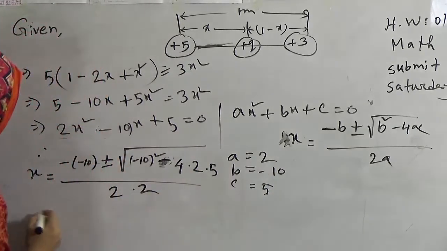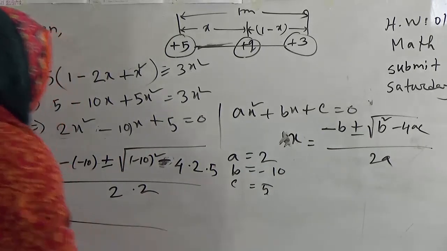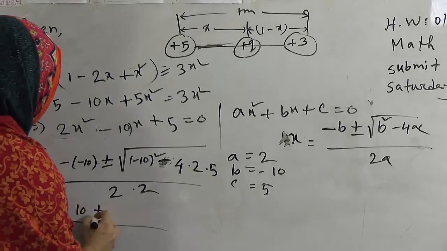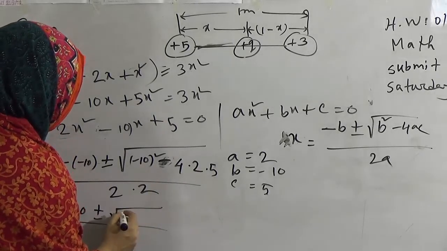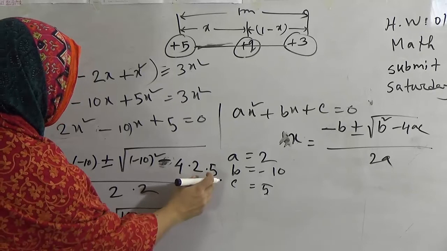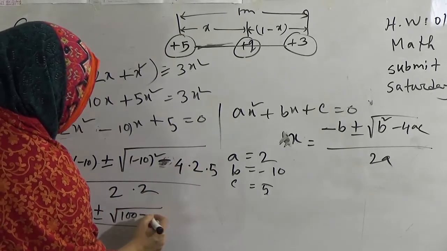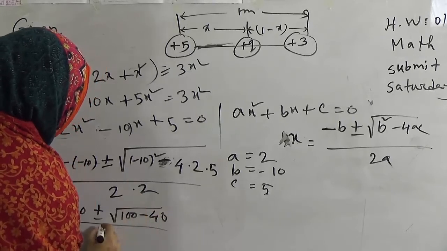Now x equals, do the calculation: 10 plus minus root over 10 square, that means 100, minus 5 twos are 10 and 4 tens are 40, divided by 2 twos are 4.